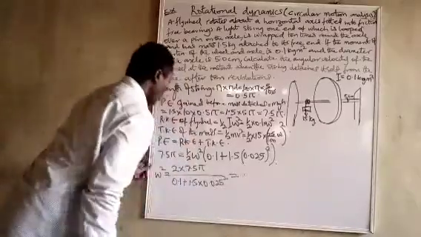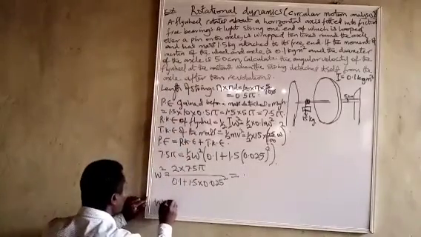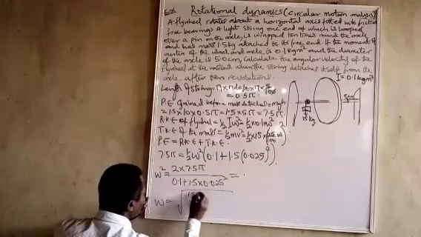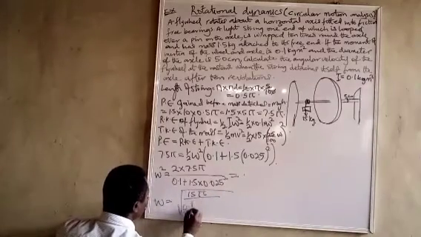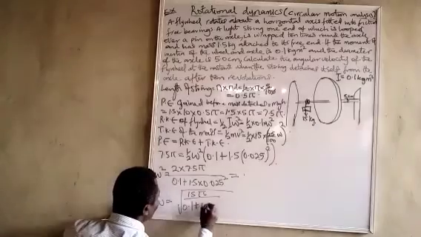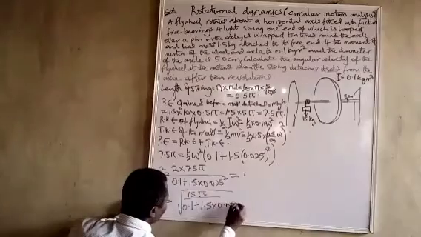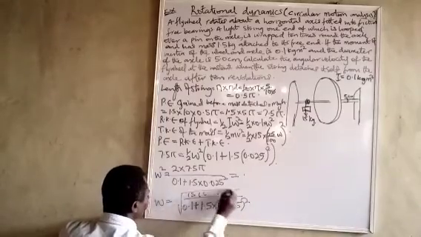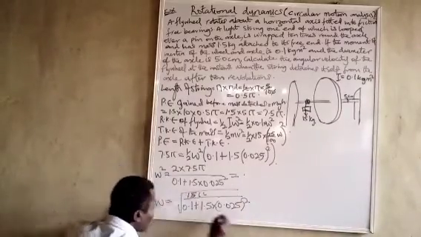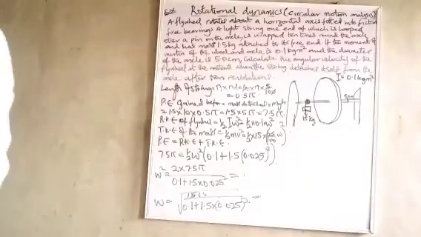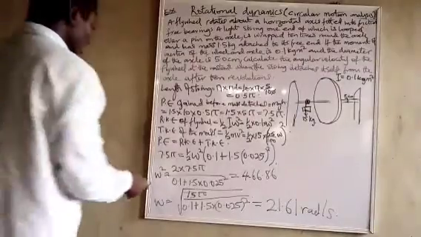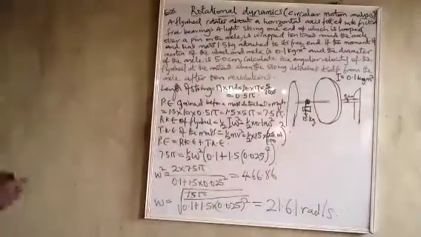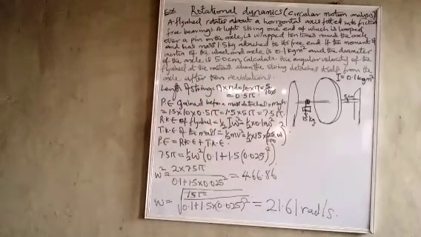So our omega will be equal to square root of 15 pi divided by 0.1 plus 1.5 times 0.025 squared. So this is the answer of omega squared, and this is the square root, 21.61 rad per second. So that is the angular velocity.